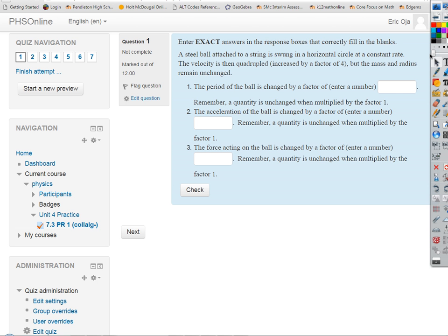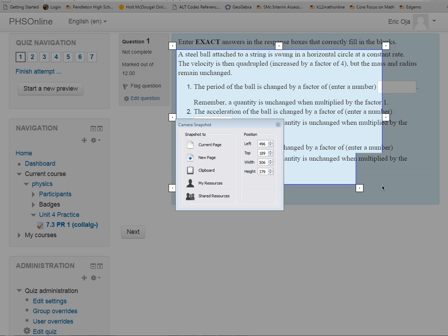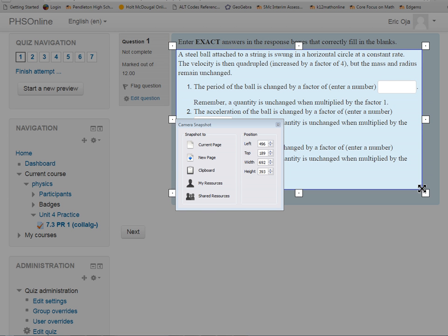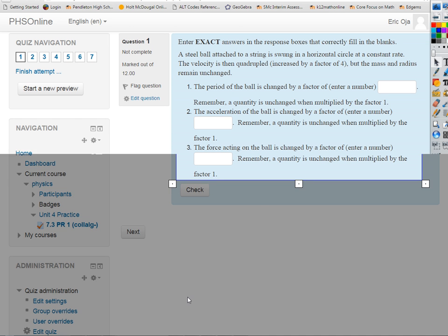Okay, so now these, I want to show you how these are really pretty easy questions. All these are asking you to do is just look at how the proportionalities relate to each other.